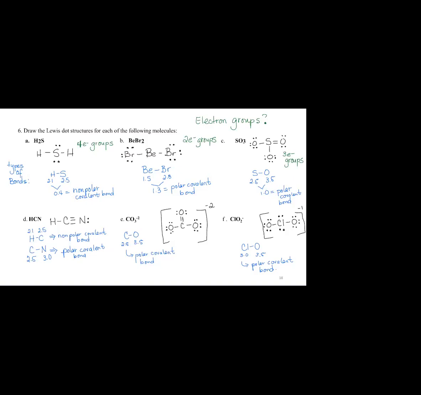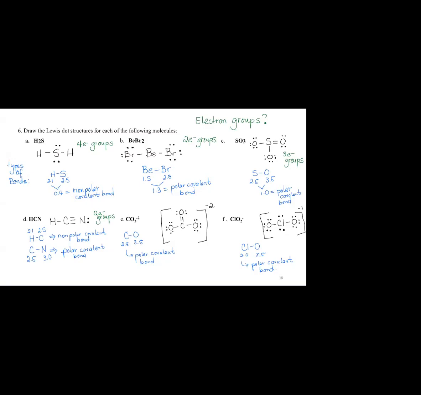Letter D. How many electron groups around carbon? There are 2 electron groups. For those students that are like, wait, what? Yes, there's 2, a single bond and a triple bond.